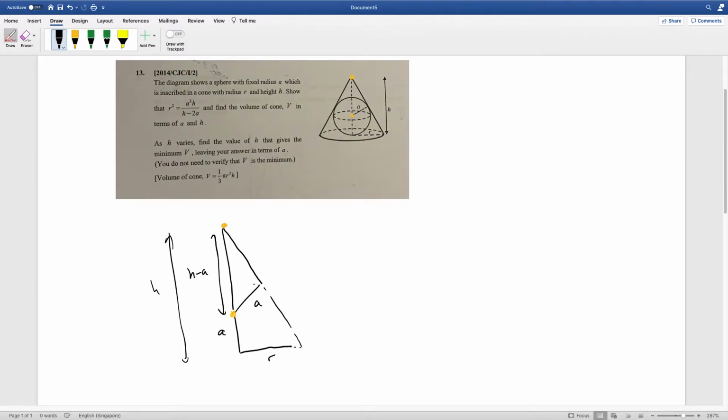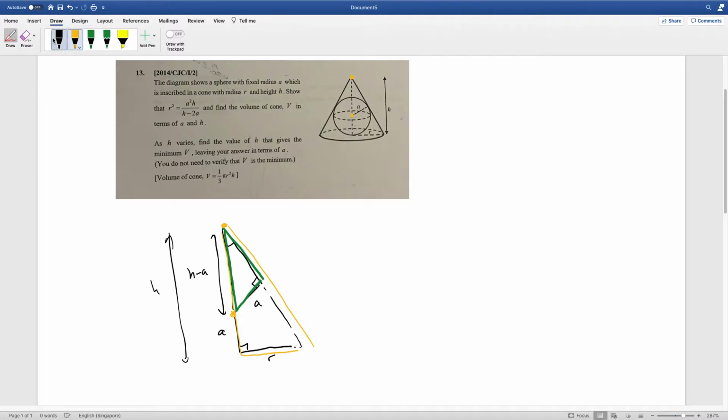Then we realize there's actually similar triangles. This triangle over here is similar to this triangle over here.